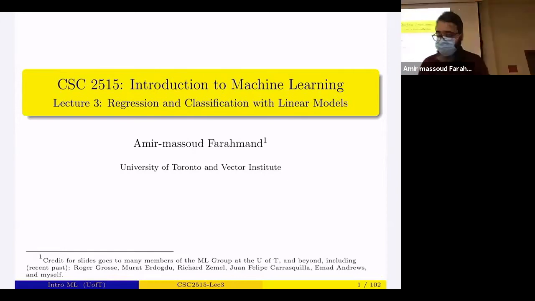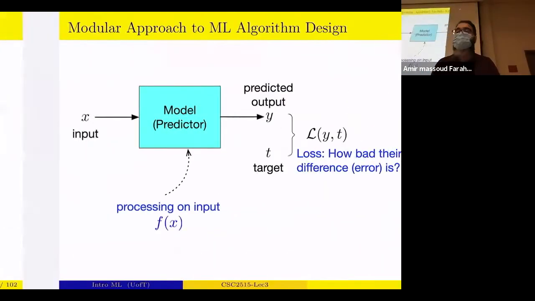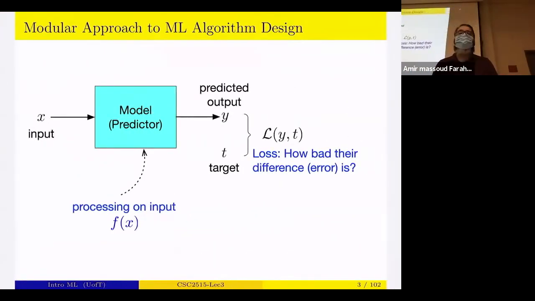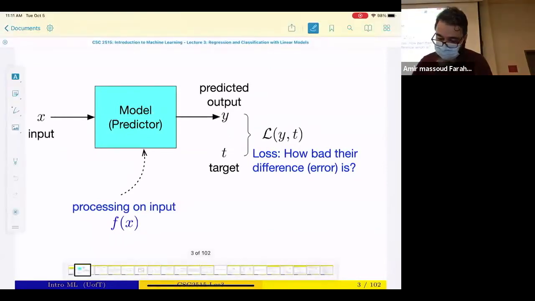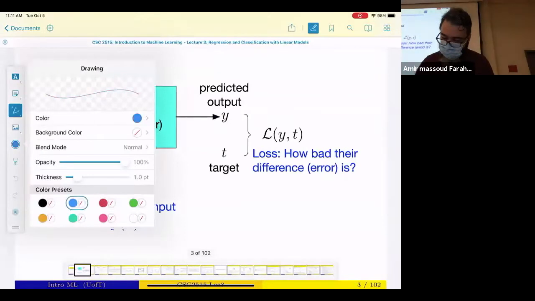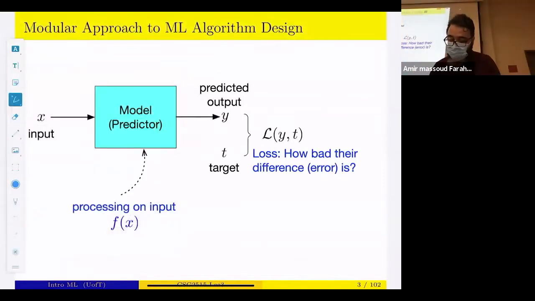I started from the idea that we have this machine learning problem: we have this input, and then it goes through some function f, which would be our model or predictor, and produces some output y.